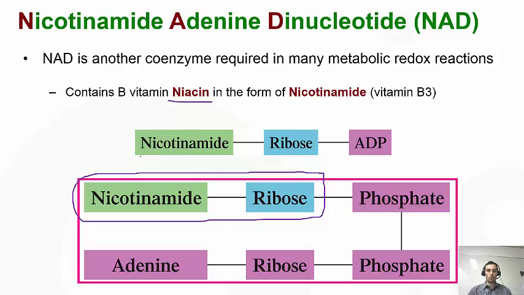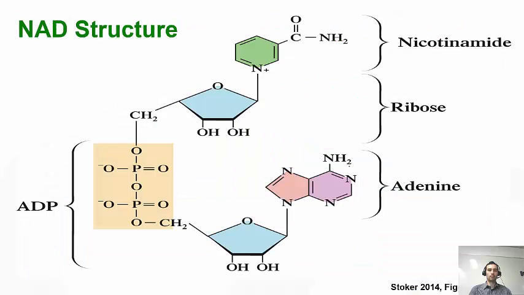So we modify this slightly to form our nicotinamide, and by adding our nicotinamide and our ribose onto the ADP, we've created our NAD. Here we can see the structure of NAD.